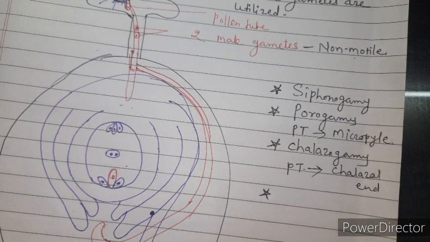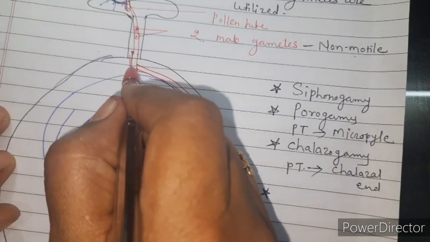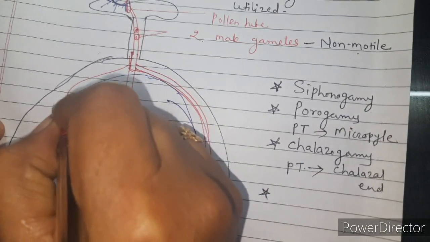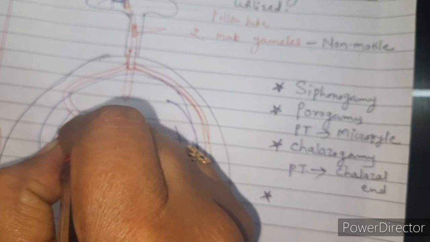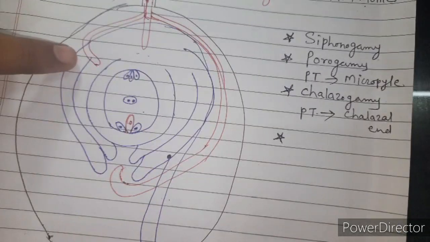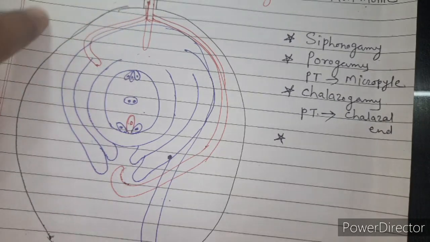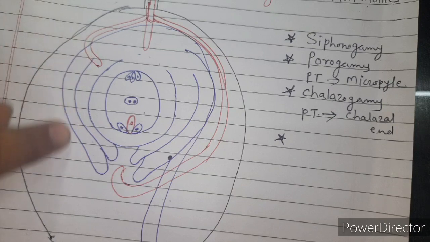In some plants, the pollen tube grows and enters through the integuments. Now, you know that this is the outer integument, this is the inner integument. Sometimes it enters through the integument from any place here.